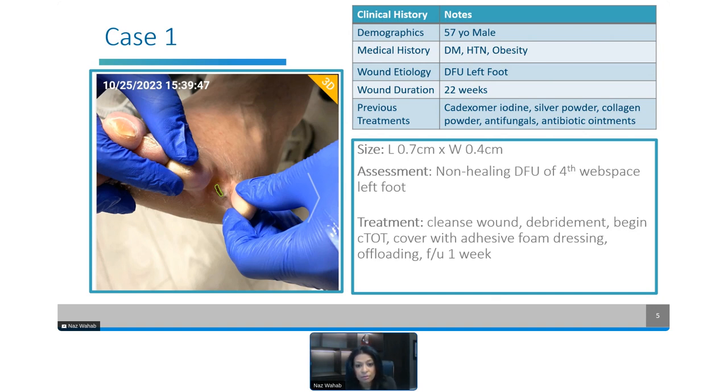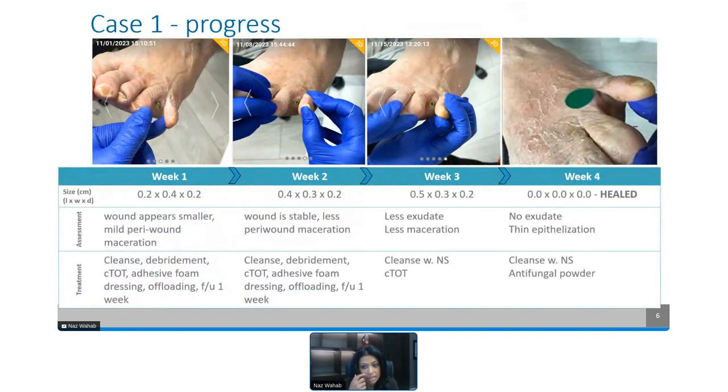It's a 57-year-old male with hypertension, diabetes, and obesity. This patient had the wound for 22 weeks already, and we could not get it to move. We had tried a variety of different products, and the patient had been evaluated for osteo and any correctable vascular disease, and was negative for all of those.